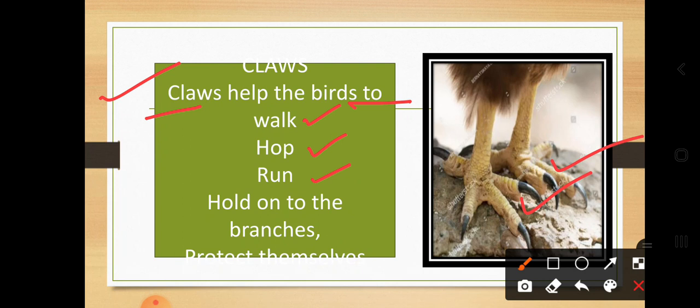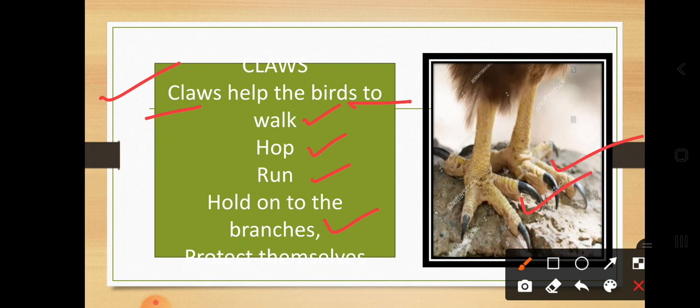You can observe how the birds are running, as well as holding on to the branches. With the help of our legs, people can stand; in a similar way, birds can hold on to the branches. Usually you can see the birds on the branches.